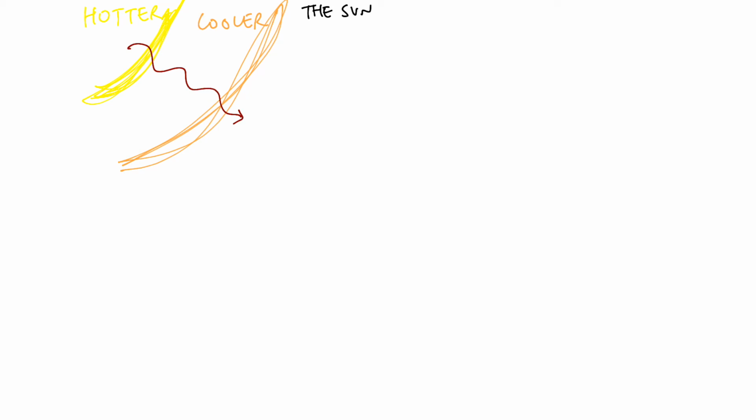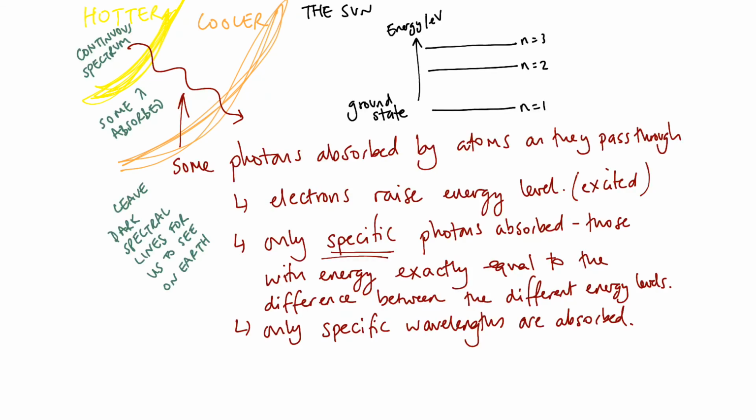Only photons with energy exactly equal to the difference between the different energy levels get absorbed. So this means that only specific wavelengths are absorbed, and that's what creates dark lines in the spectrum. I've put some notes in red of pretty much what I've just said for you to read, and obviously pause the video if you need to.